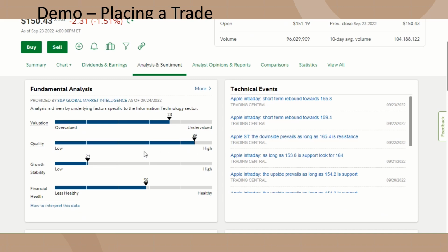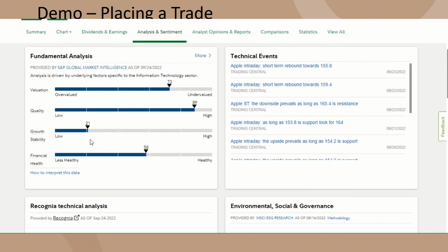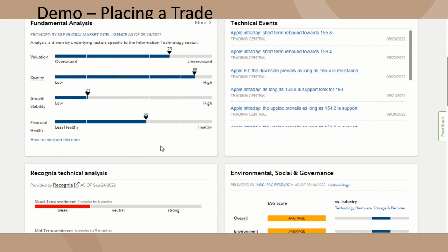It's around 89. And the growth and stability is, I would say, good, but as per the analysis here by the brokerage, it is a little on the lower side, around 21. And the financial health, it's a solid company, so it's around 58. They look at various parameters and arrive at these numbers.